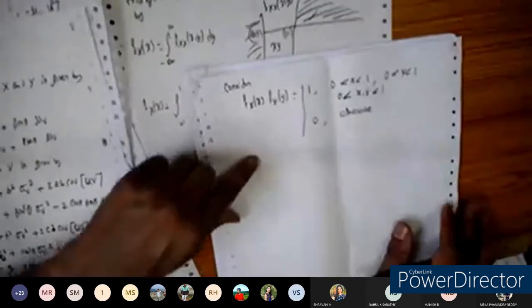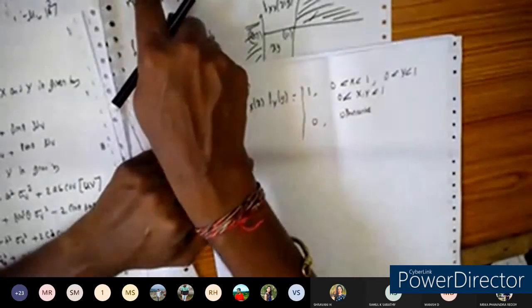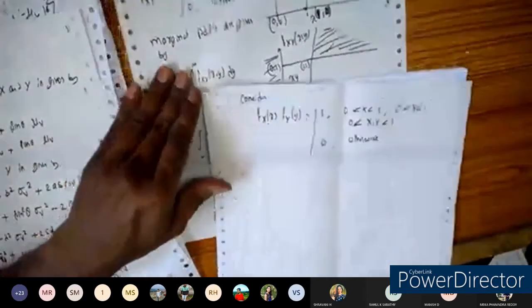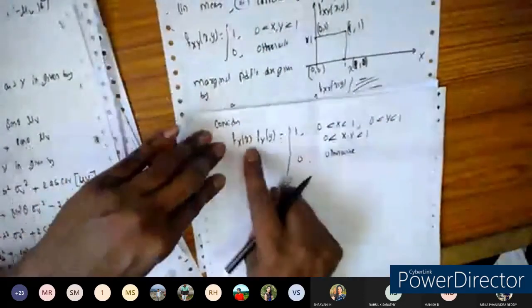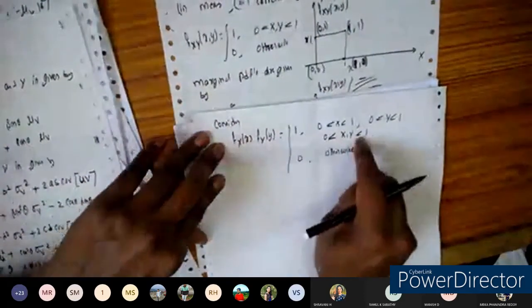Okay, so what we have is fxy of x comma y. This value is equal to 1 from 0 to 1, and the product of these is equal to 1 from 0 to 1 here.